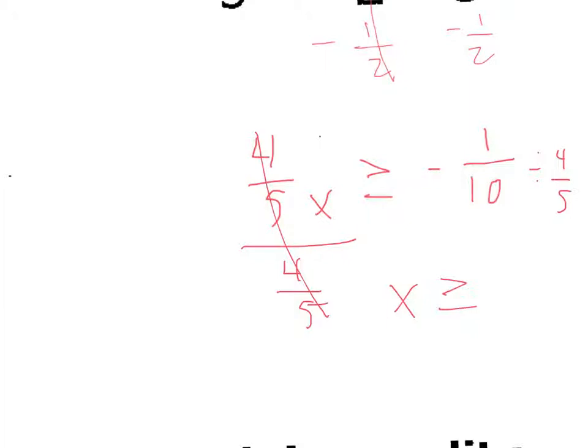Let's put that in our calculator: 1 abc 10 divided by 4 abc 5. That would give us negative 1/8. Okay, so this problem seems complicated, but if you take it step by step, it's not bad at all.